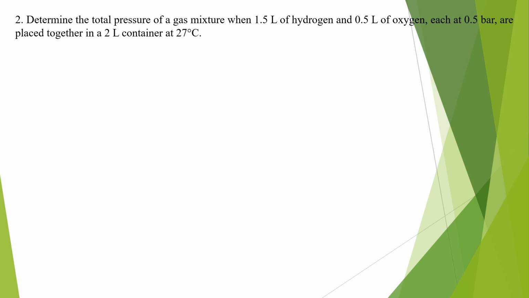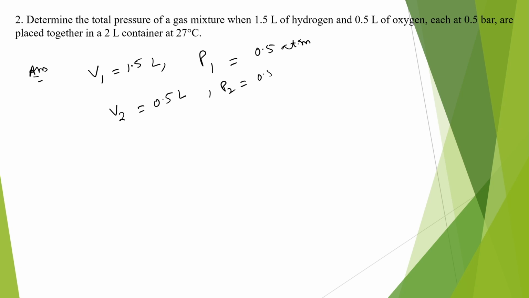Okay, so, the information given are V1, the solution is, so V1 is 1.5 liter, P1 is 0.5 atmosphere or 0.5 bar, they are very close, and V2 is 0.5 liter and P2 is also 0.5 atmosphere.